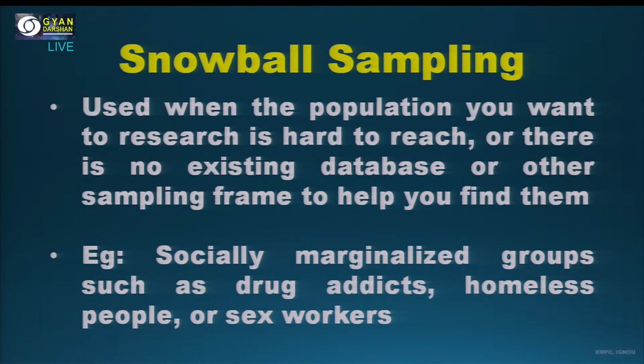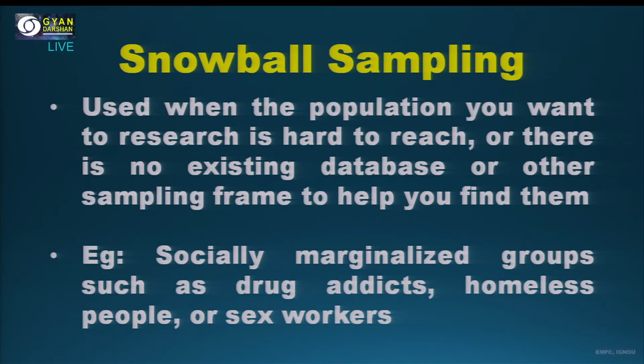These kinds of populations or samples will not be available at all places. Like homeless people, in some pockets they are available. So you go to that place and select the samples. Drug addicts are very difficult to reach. Similarly, the socially marginalized groups.